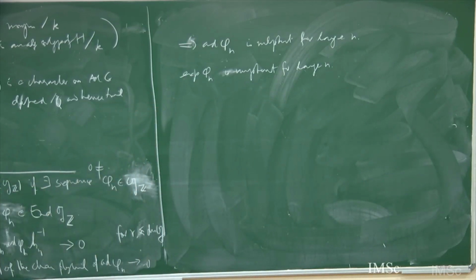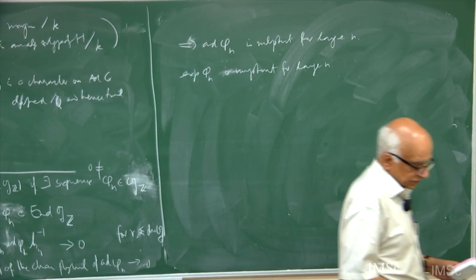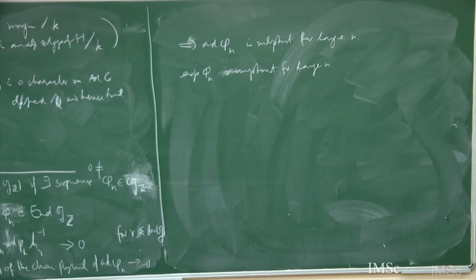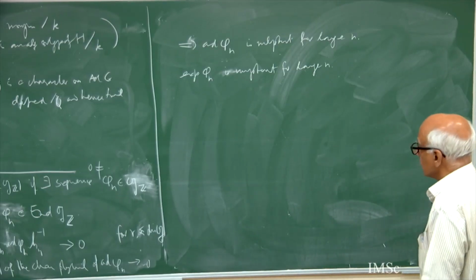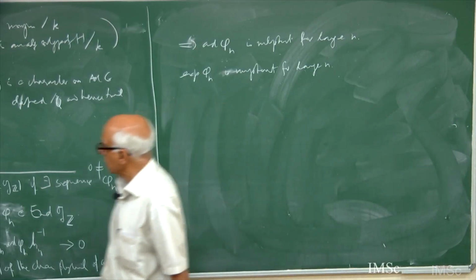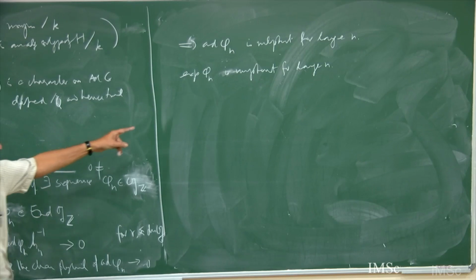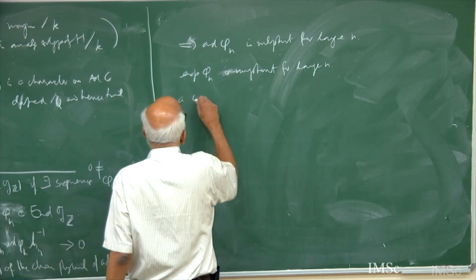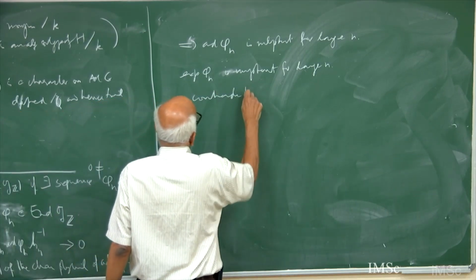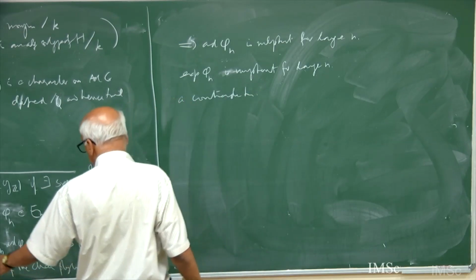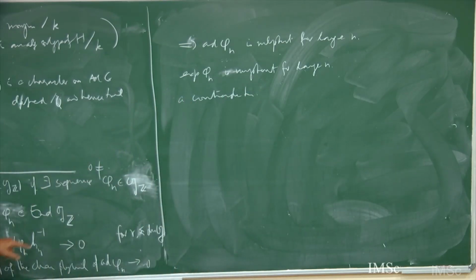Phi_n are non-zero, so exponential of phi_n will be unipotent and non-zero in G for large n. Okay, so this shows a contradiction. Why is this a contradiction?